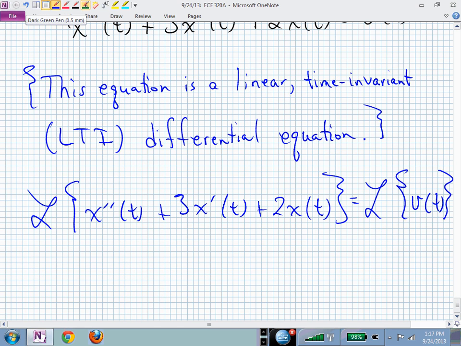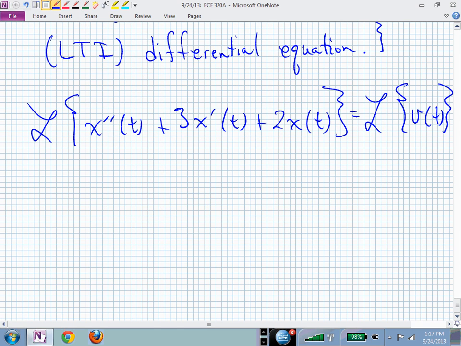And because it's linear and time invariant, we can pull all of these pieces apart. We can just Laplace transform the second derivative of x. We can Laplace transform 3 times the first derivative of x separately. Or we can push that Laplace transform through. It's a linear operation.